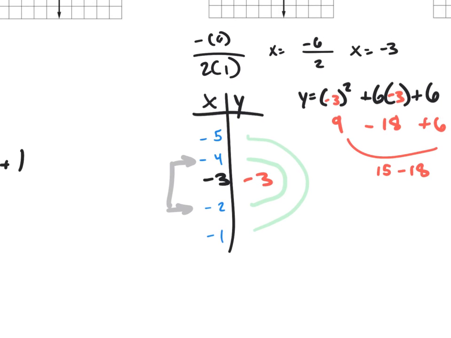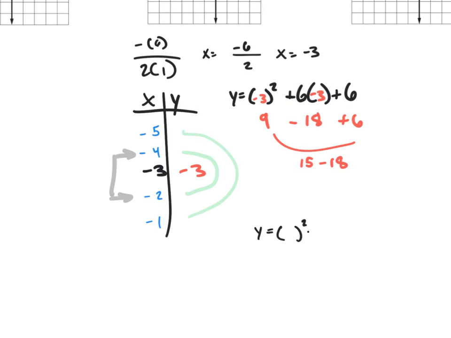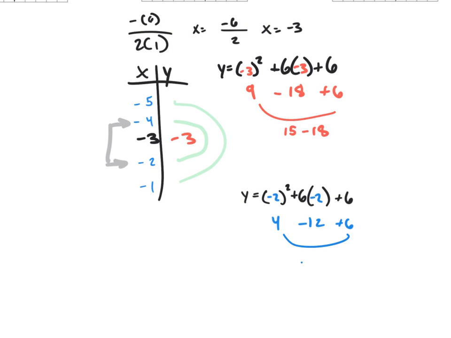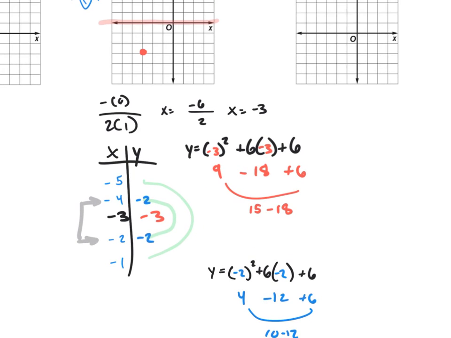They're going to have the same answers. I'm going to pick the negative 2 one though, because it's a smaller number. When we place the negative 2, we'll get 4 minus 12 plus 6. So here's a 10 minus 12 to get us negative 2. So we can graph those symmetrical points on there.